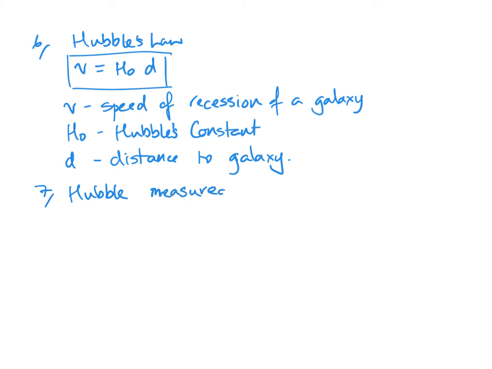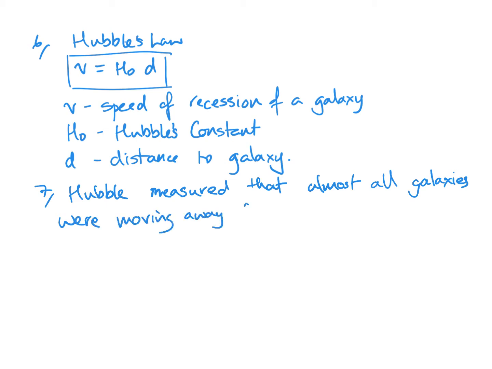So Hubble measured almost all galaxies were moving away from us. There are a few, but we reckon that's due to kind of local gravitational effects. There are a few moving towards us.